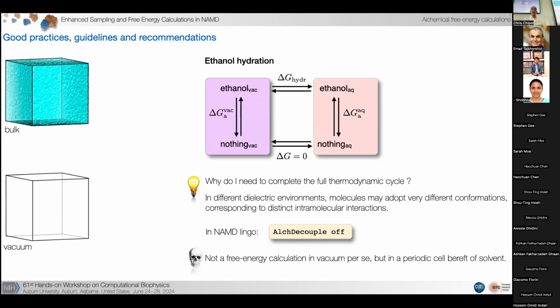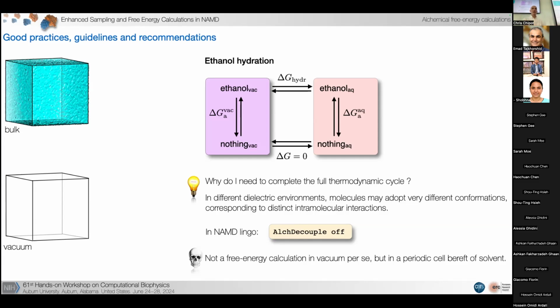Whereas in the water phase, where the dielectric is equal to 78.4, it will have a tendency to maximize its dipole moment. So if it's a very flexible molecule with very distinct conformations in the gas phase and in the water phase, we're going to have very different conformations and therefore very different intramolecular contributions. So you cannot make the economy of not simulating the gas phase and the water phase.